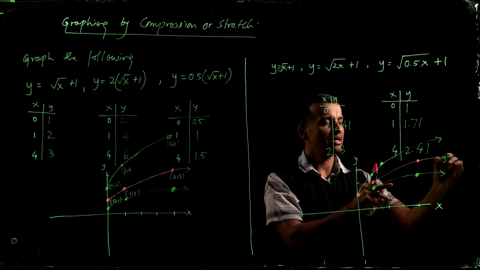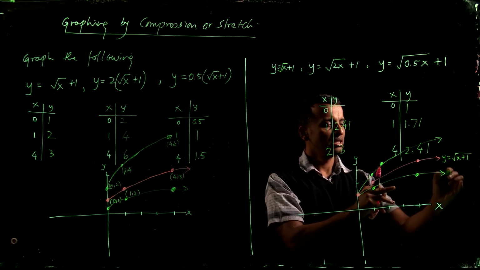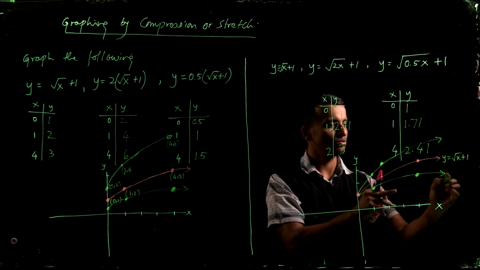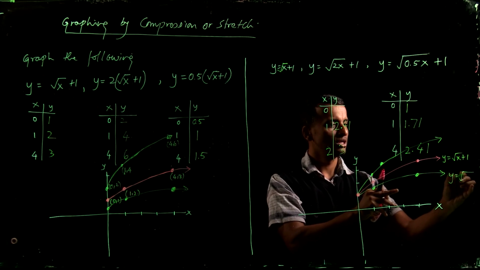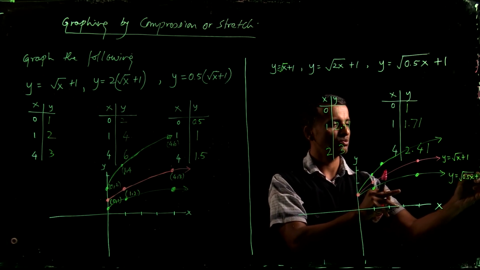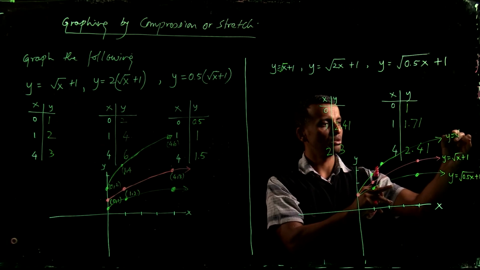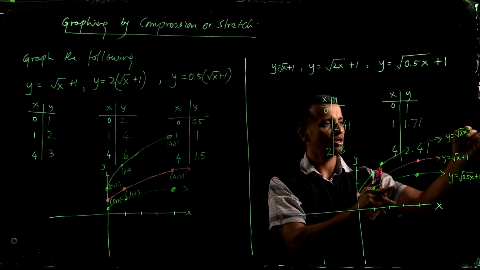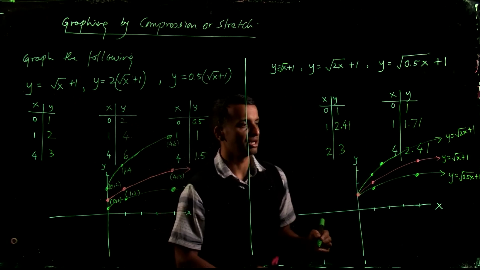So it is like y equals square root of x plus 1. This is y equals square root of 0.5x plus 1, and this is y equals square root of 2x plus 1, and similar thing here, right?